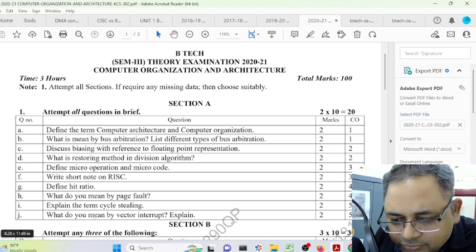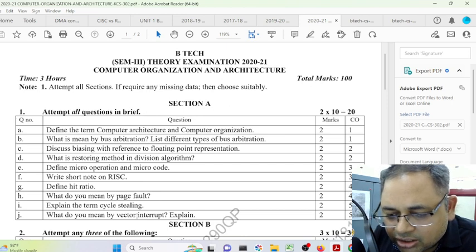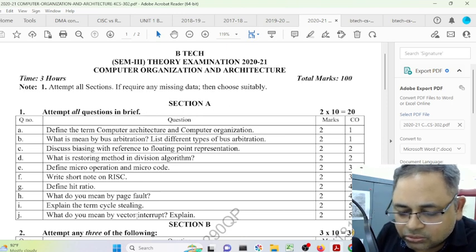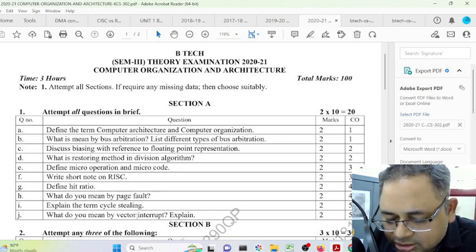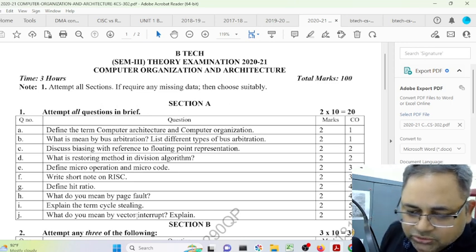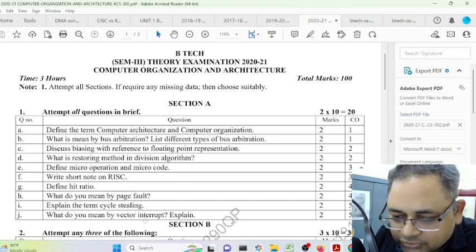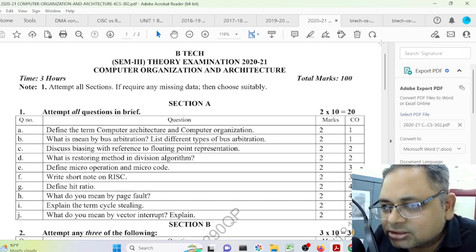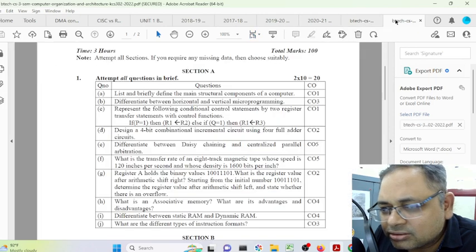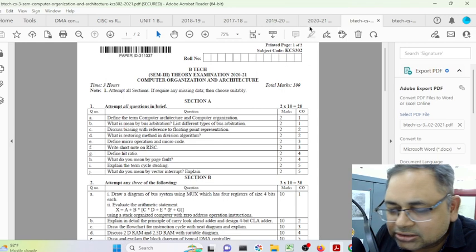What do you mean by vector interrupts? Interrupts are also in unit 1 when the internal structure of the microprocessor is defined, and probably also in unit 4. So this is a scene, and this is a repeated paper.